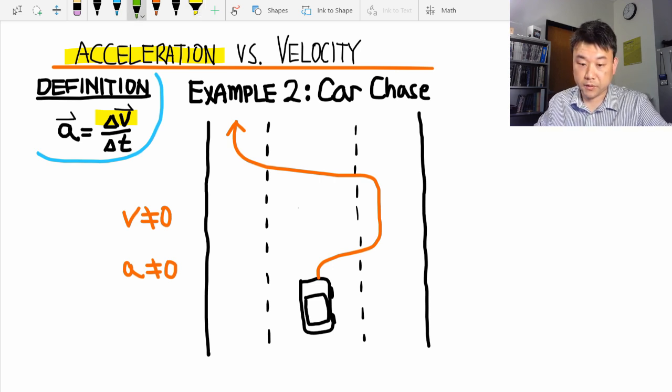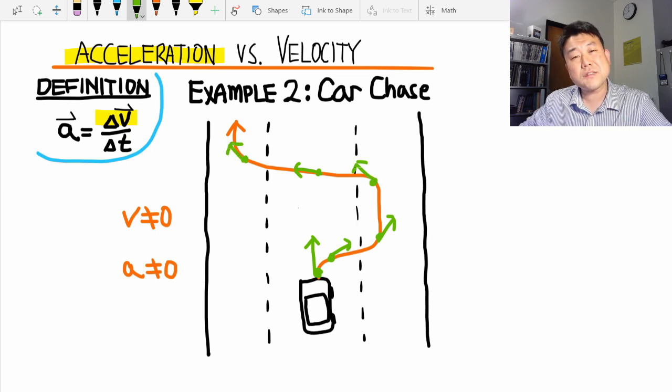So for example, at this point, the car had a velocity like this, and at this point, the car has a velocity like this. At this point, the car has velocity like this. So you can see that even if the car was moving at the same speed, because the direction of its motion is changing, its velocity is changing, and that change of velocity will be associated with an acceleration.